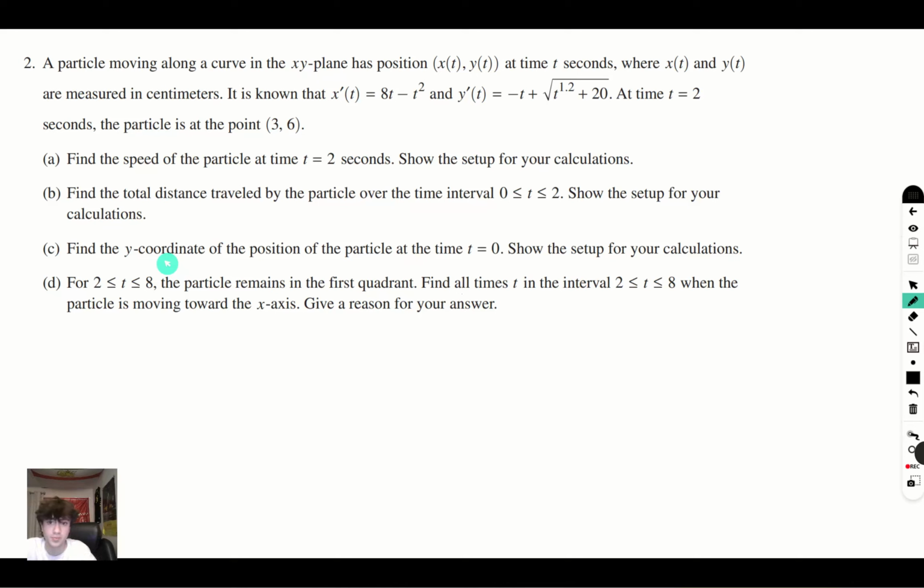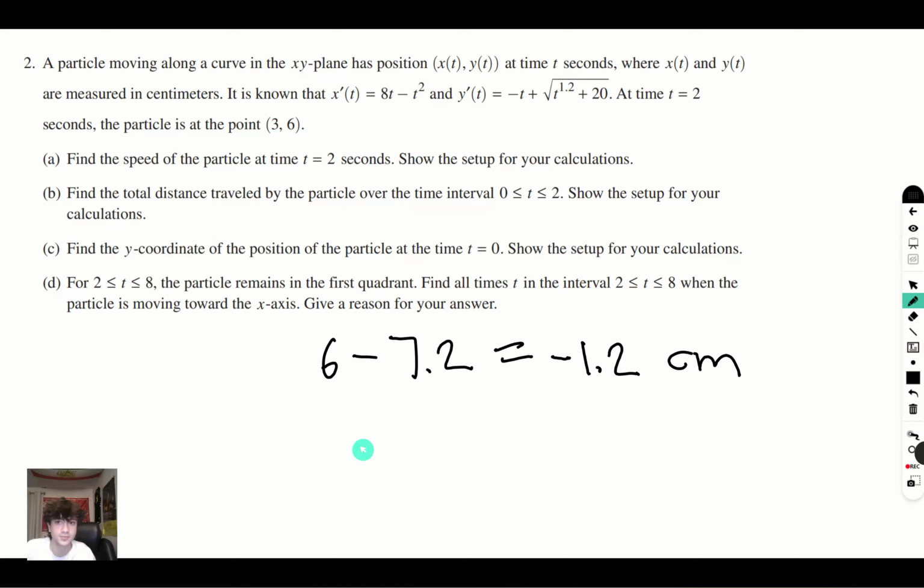That gives us 7.2. So it travels 7.2 in the positive direction and ends up at 6. So in order to find what the original position is, it is 6 minus 7.2. So it starts at negative 1.2 centimeters, or 1.2 centimeters below the x-axis.